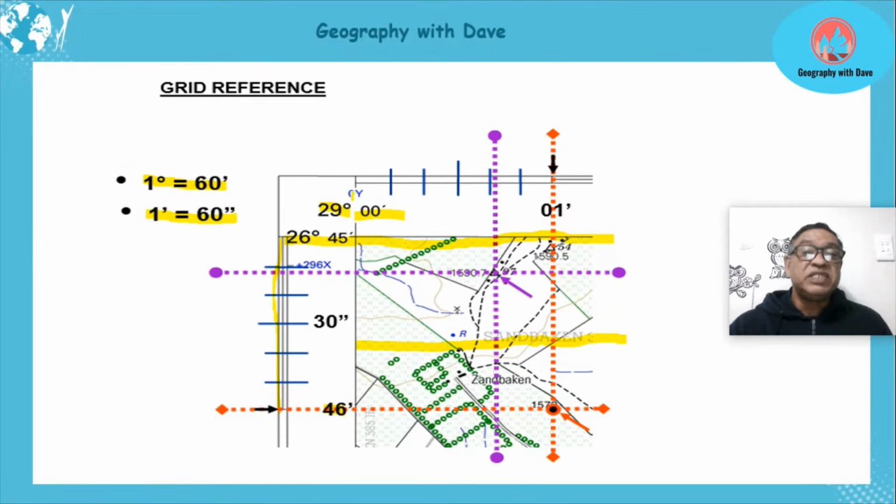This now refers to the line of longitude, the vertical lines that cut across. So we need to know that clearly: the horizontal lines refer to the latitude, and the vertical lines refer to the longitude.